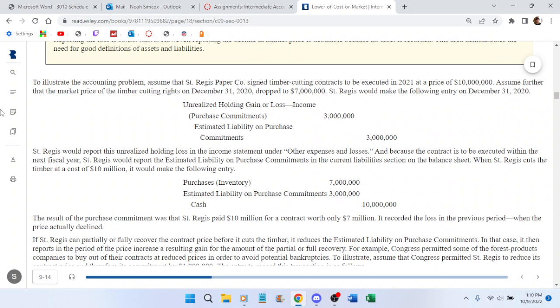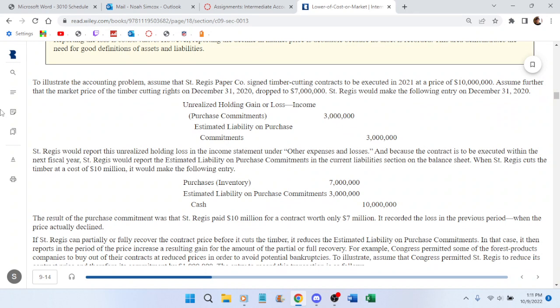Okay. Unrealized holding gain or loss. Income. Purchase commitments.